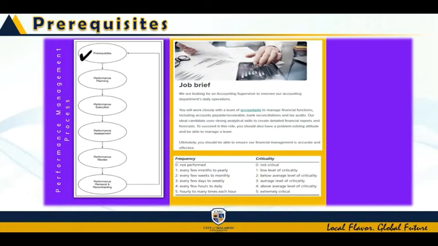Once we talk about prerequisites, we have two things to be implemented. First is the knowledge of organizational missions and strategic goals, and the second one is the knowledge of the job in question. Meaning, we need to know what the strategic planning process is.